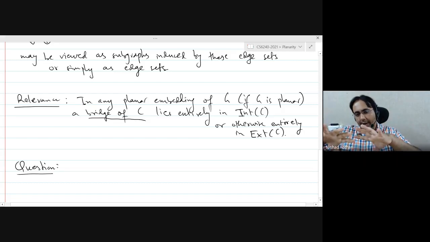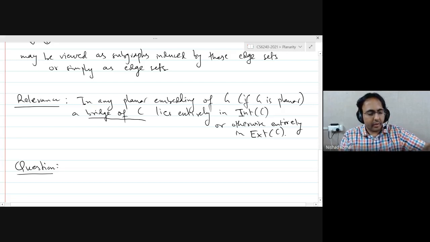And when is it necessary that if you put one in the inside, then you have to put the other in the outside? This should also remind you of the discussion we had when we were proving that K5 is non-planar. We took a three cycle, then we argued that one vertex must go inside and the other goes outside. But then, of course, because the two are joined, we were forced to get a non-planar drawing, right?